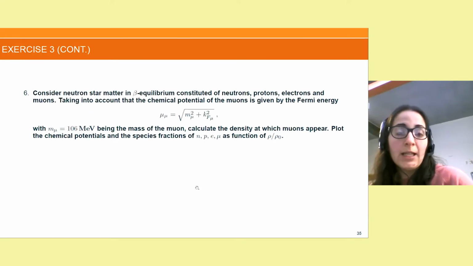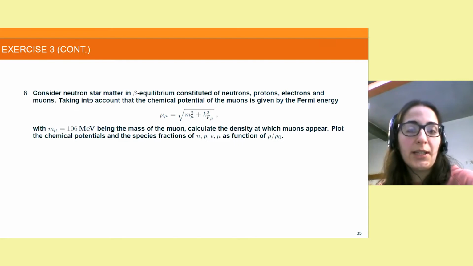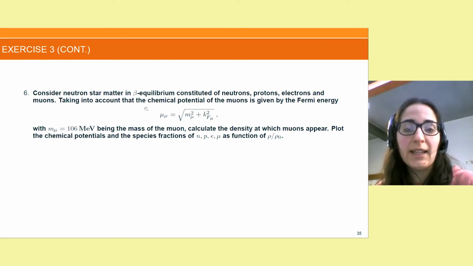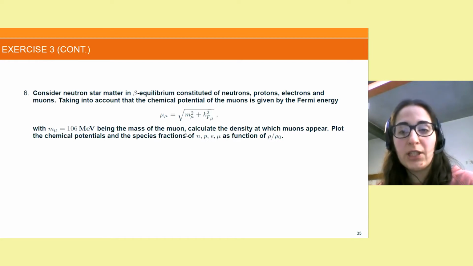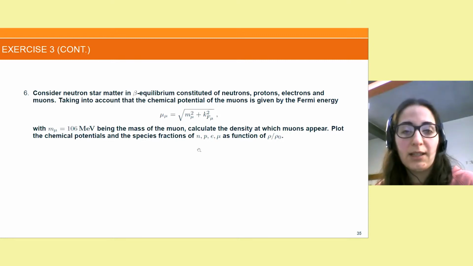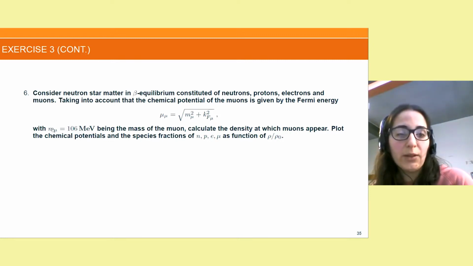So what we want to do now is to consider that neutron star matter in beta equilibrium is constituted by neutrons, protons, electrons, but also muons, taking into account that the chemical potential of the muons is given by the Fermi energy. So it is the square root of the mass of the muon squared plus the Fermi momentum of the muon squared. For the electrons, the mass could be neglected, but for the muons, we have to take the full Fermi energy. And the mass of the muon is 106 MeV.